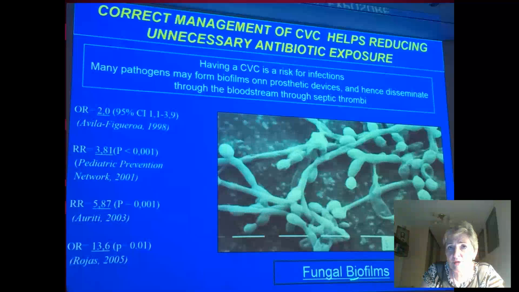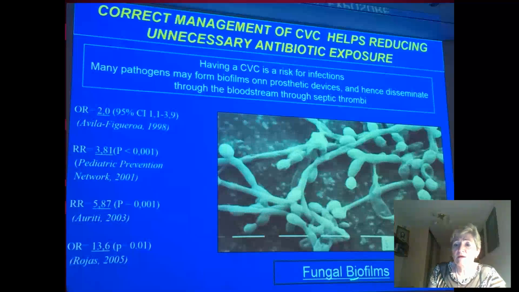Next, very important information about biofilms of microorganisms. In this slide, we can see fungal biofilms. In patients who had a lot of invasive procedures, such as intravenous catheter, sometimes a biofilm develops on these intravenous devices.